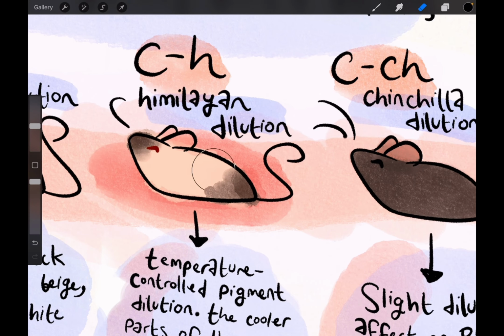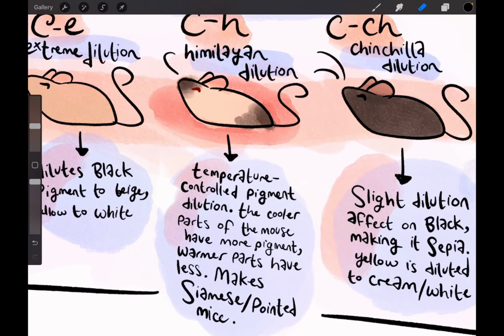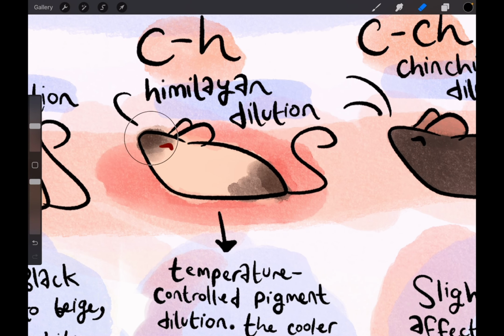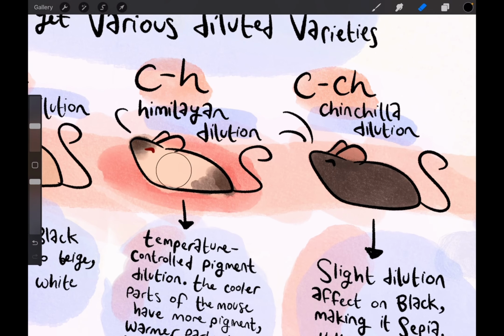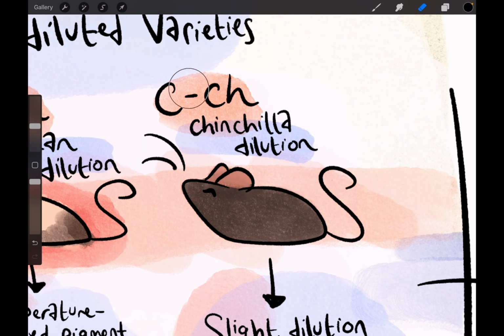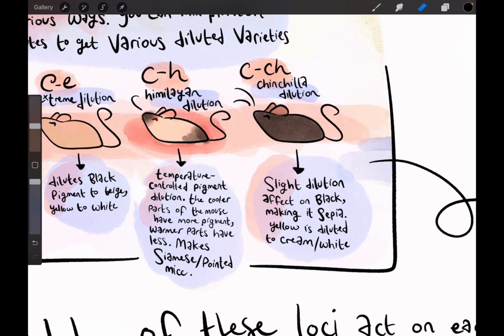If you had Himalayan with a tan belly, belly would be white, because Himalayan dilutes yellow to white, basically. And then the top would be like the Siamese with the points on top. Also not black. But in chinchilla dilution, since you can select it to be darker, that's as close as you're going to get to a black fox. So chinchilla dilution, if you want to get black foxes, that's your only option for C dilutes.